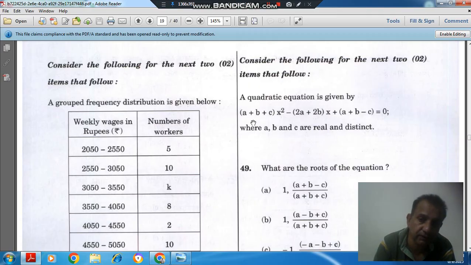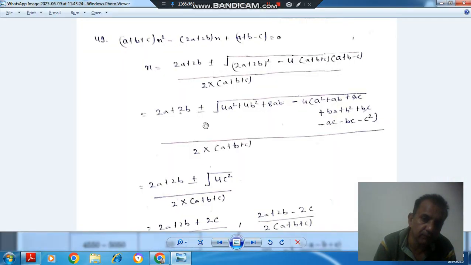If we compare this with the standard quadratic equation, the coefficient of x², that is a, is a + b + c, b is −(2a + 2b), and c is a + b − c. Using the formula for finding the roots, x = (−b ± √(b² − 4ac)) / 2a, here −b is 2a + 2b, b² will be (2a + 2b) whole square, 4ac is 4 times (a + b + c) times (a + b − c), divided by 2a, which is 2(a + b + c).